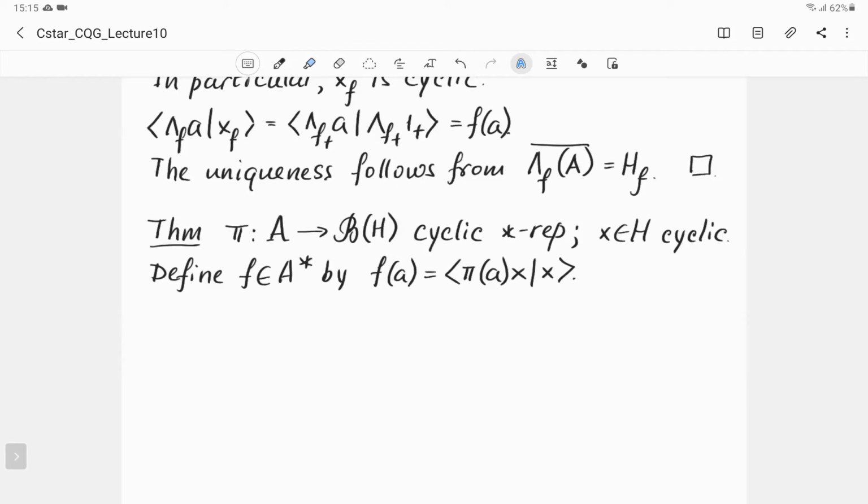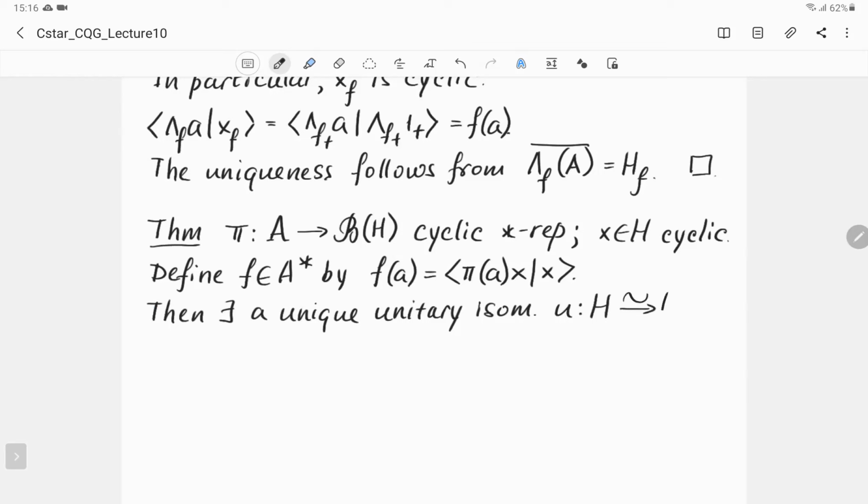I claim that there exists a unique unitary isomorphism U between H and H_f, a unique unitary isomorphism of A modules, such that U takes x to the canonical cyclic vector x_f, which was constructed in the previous theorem.